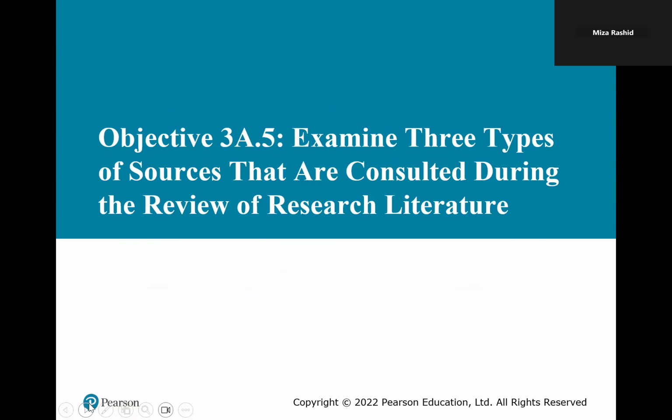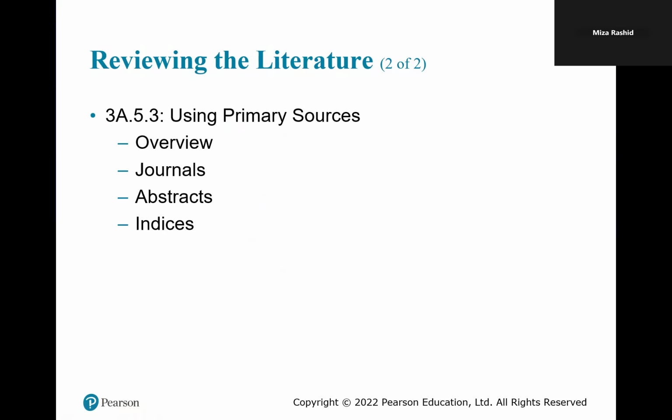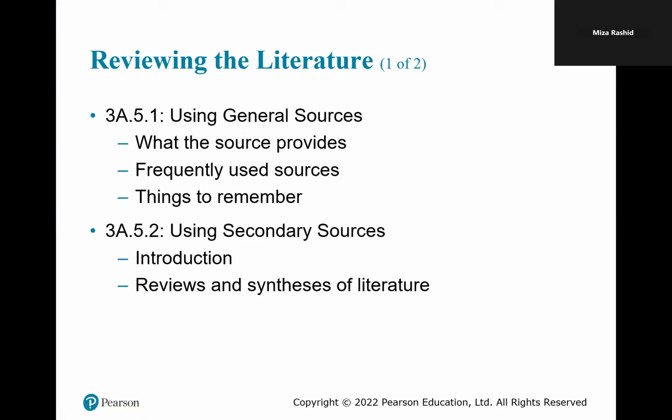So, what are the three main types of sources that you should consult when you are conducting your literature review? We have general sources, secondary sources, and primary sources. Let's go back one by one. General sources is usually the initial encounter that you have with the topic.